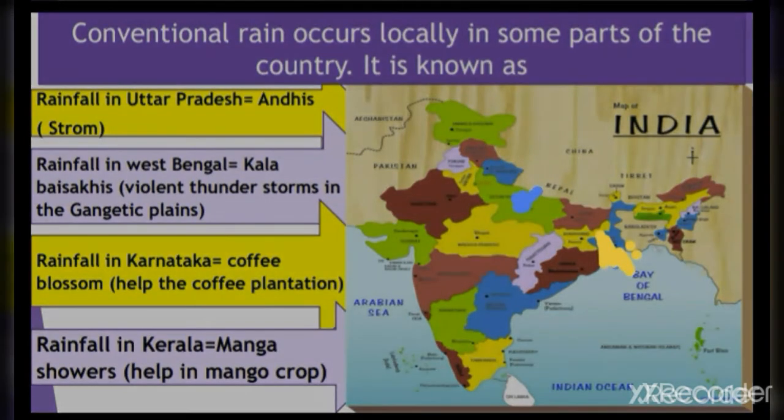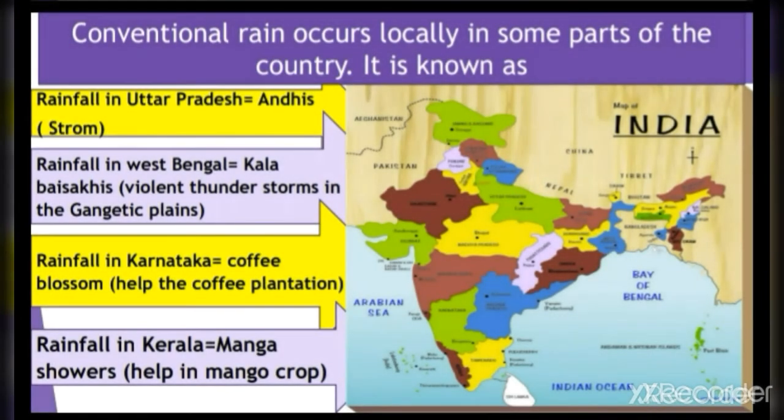Okay, children. The rainfall in West Bengal is known as Kala Baisakhi, violent thunderstorms in the Gangetic Plains. Like that, in Karnataka, coffee blossom, which helps the coffee plantation.